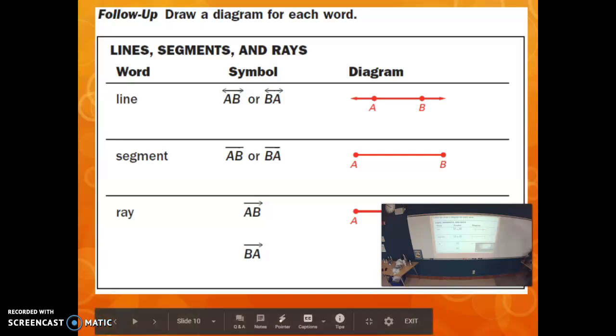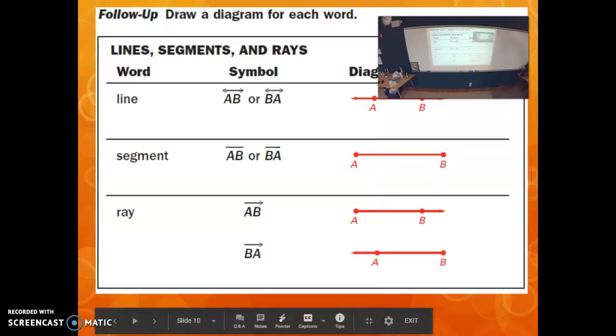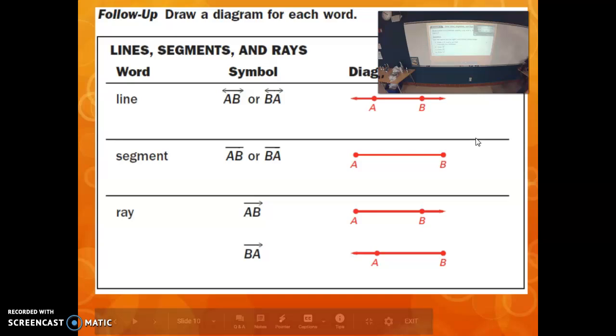And for our ray, we've got 2 different examples of rays here. Notice that for AB or BA, for lines and segments, they are exactly the same. Okay? But once we get to rays, things change. Ray AB and ray BA are different because ray AB means A is at the end point and B keeps shooting off forever, as opposed to ray BA, which means B is my end point and A keeps shooting on forever.